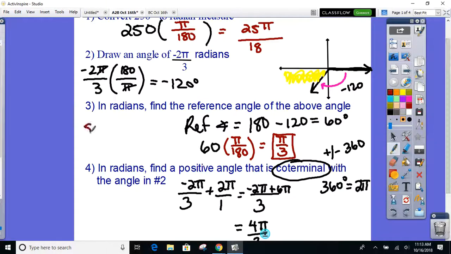If I gave you an angle of 5 pi over 3, guess what the reference angle is? Pi over 3. If I gave you negative 10 pi over 3, guess what the reference angle is? Pi over 3. So you can always tell, we'll start doing that tomorrow, what the reference angle is with whatever's attached there. All right?